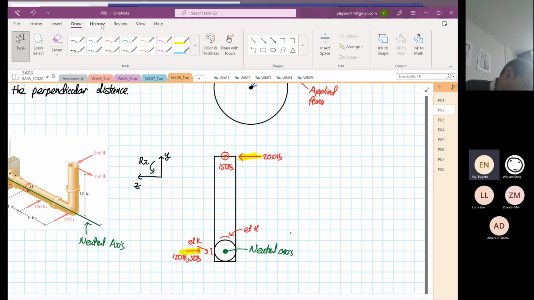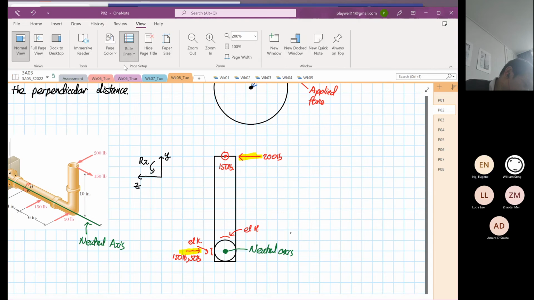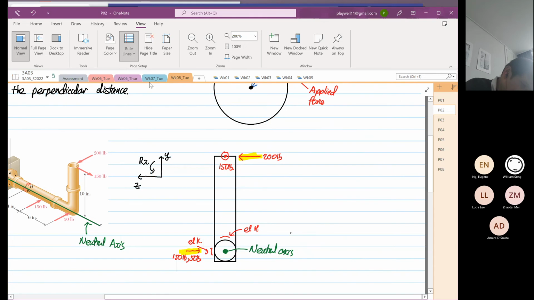If we do summation of forces in the Vz direction, this is 150 plus 50 minus 200. So this is equal to 0, which we have done before last week.